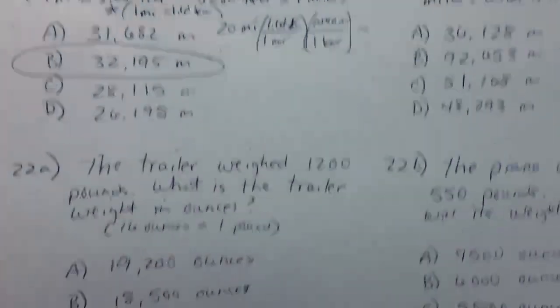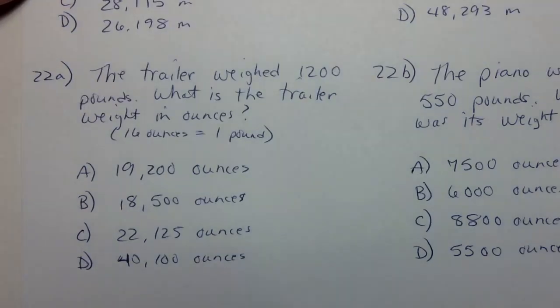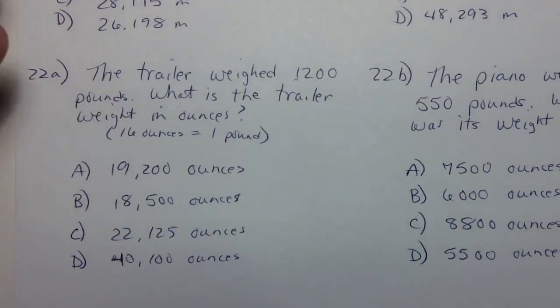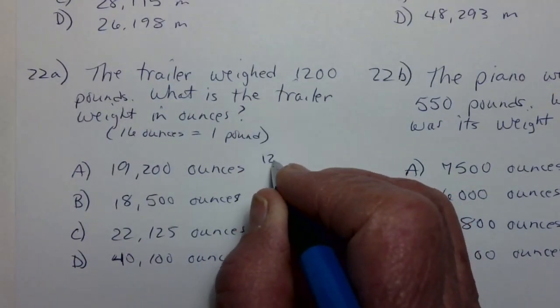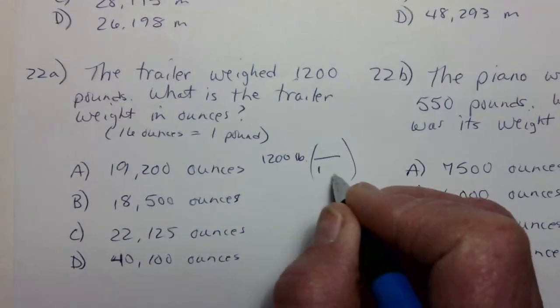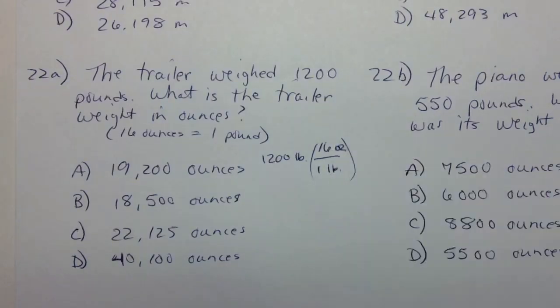All right, and your last one to do with me, and then you've got some problems to work. The trailer weighed 1,200 pounds. What's the trailer weight in ounces? So 1,200 pounds, and we know that in 1 pound, it's got to go on the bottom, there's 16 ounces.